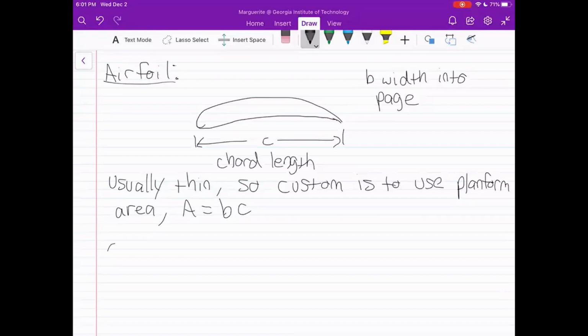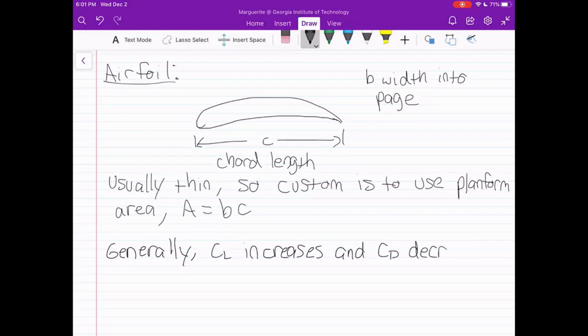Okay, and then also as a general rule, CL, the lift coefficient, increases, and the drag coefficient decreases as the aspect ratio, which again, to remind you, is the length over the depth, increases.